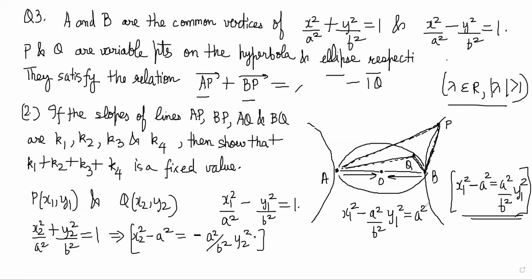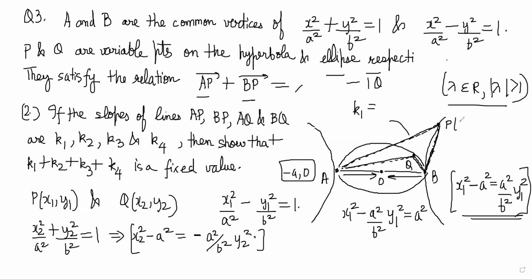So now, what we can say is K1 and K2 were the slopes of AP and BP. What is K1 plus K2? Let's write the slope of this K1. What is K1? This is x1, y1, and this is minus a comma 0, right?